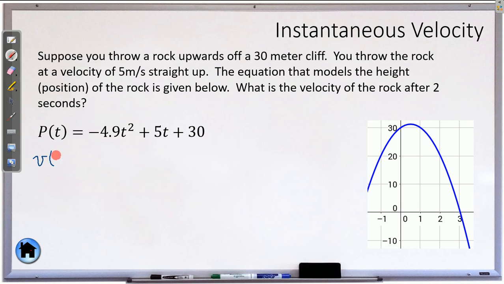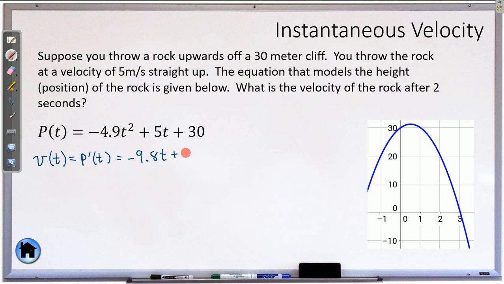So velocity, just like we just wrote on the previous one, is the position's derivative. So what is that? Well, to take the derivative, use the power rule. 2 multiplies down to the negative 4.9. You get negative 9.8t, which hopefully that negative 9.8 looks familiar to you if you're in physics, plus 5t.